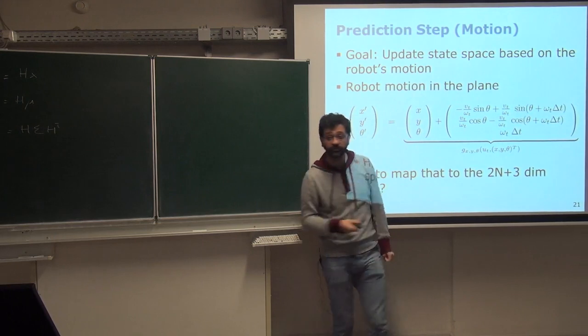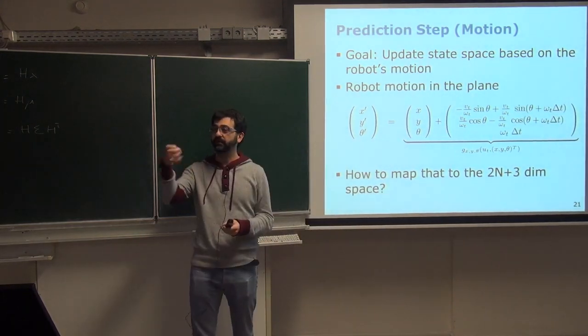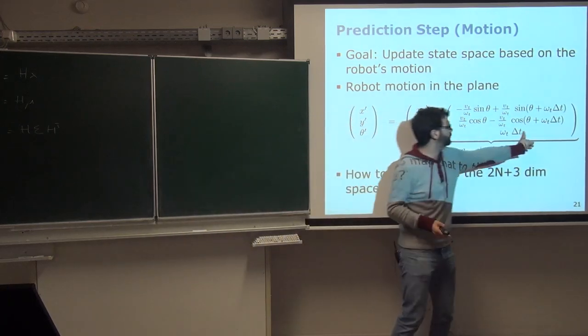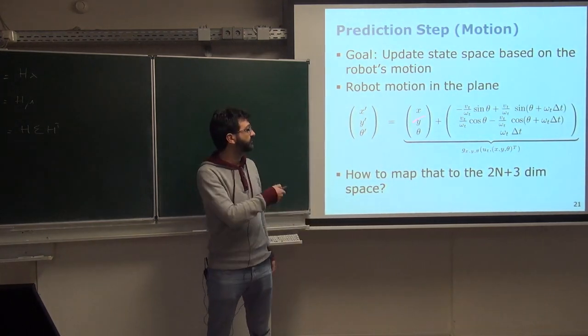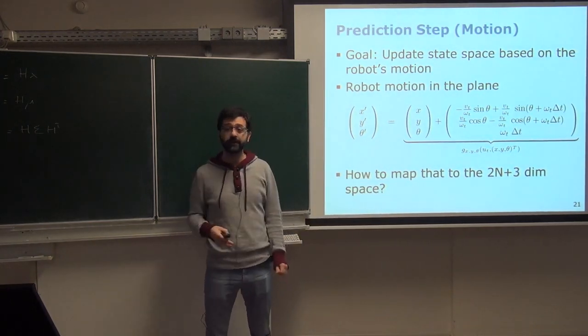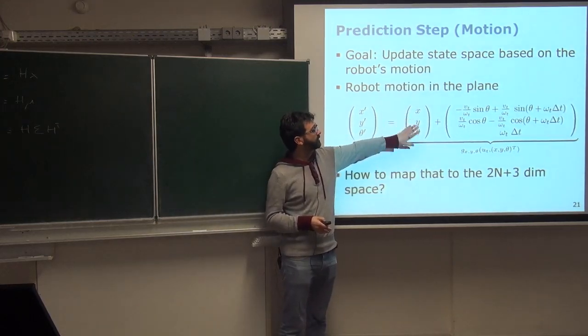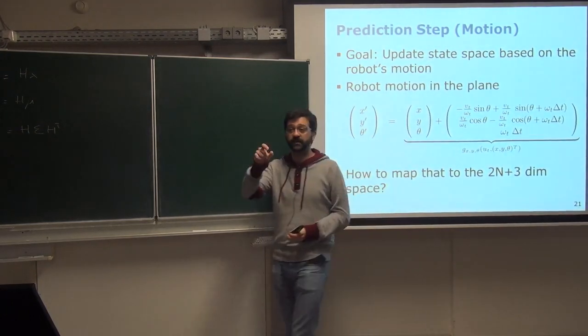I'm using the simpler version, the one without the final rotation change. But if you want the final rotation change, we will just put it here, and if you want a different model, you just write down the function as it is, okay? So this basically says, I stay where I am, so I take the position where I was before, and I add the small displacement that I get right now, okay?